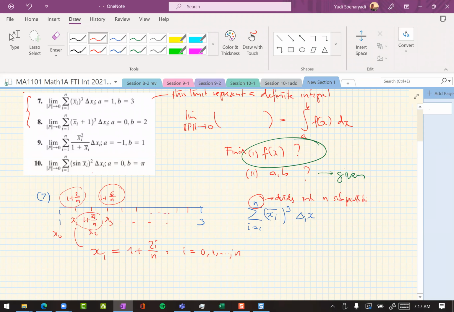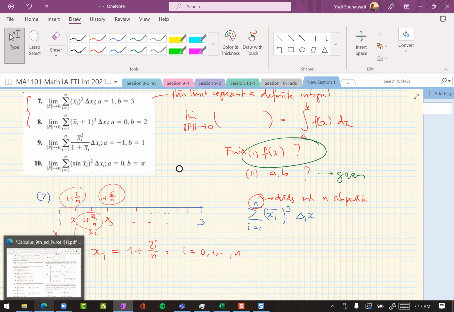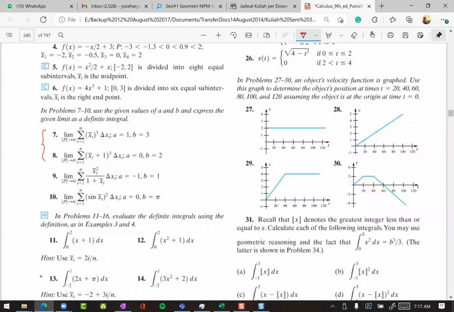Okay, so what we have in this one here is x. Let's see, what is this? Let me get what this bar means.